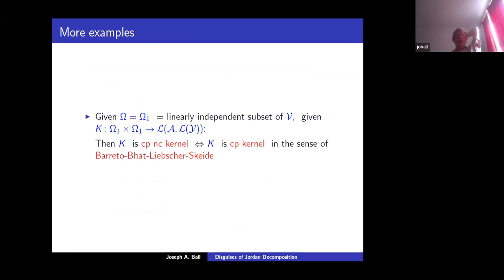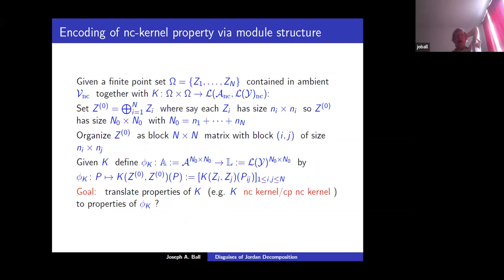So our tool is to stack up the Z_i's into a big block diagonal Z_0. We can organize it as a big N_0 by N_0 matrix with block ij of size N_i by N_j. We can define a map phi_K from N_0 by N_0 matrices over A to blackboard bold L, which is N_0 by N_0 matrices over L of Y. Namely, you do this.